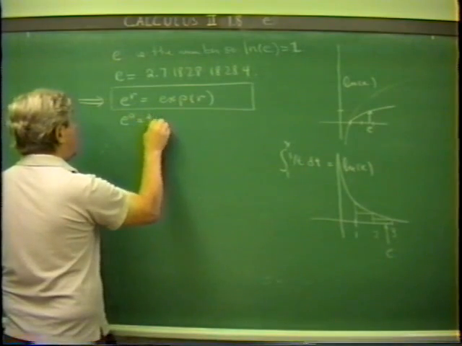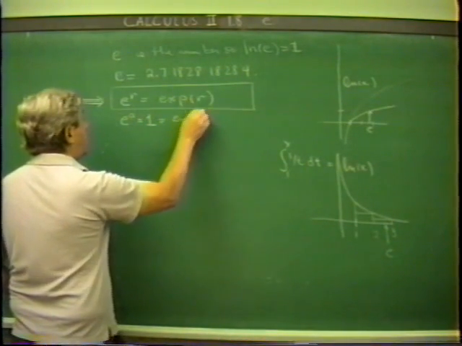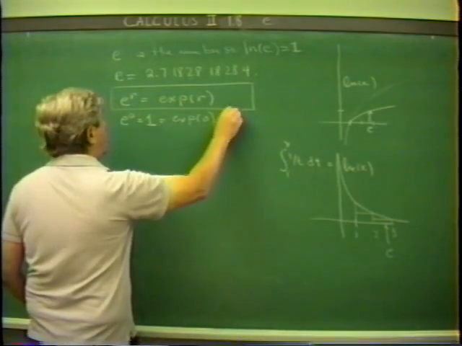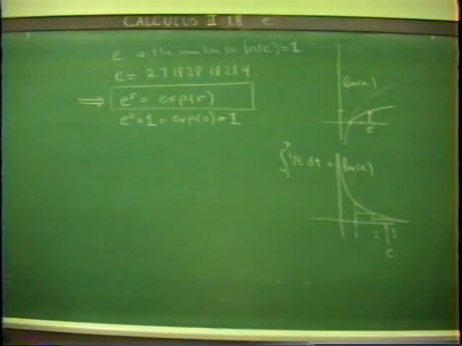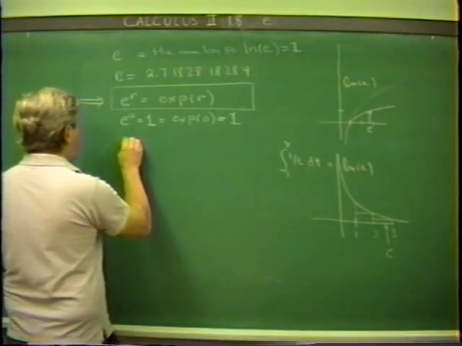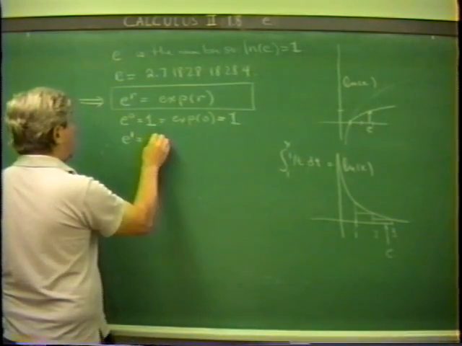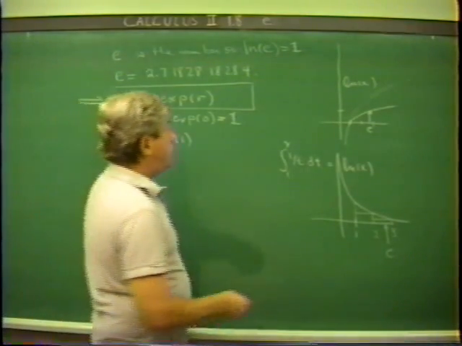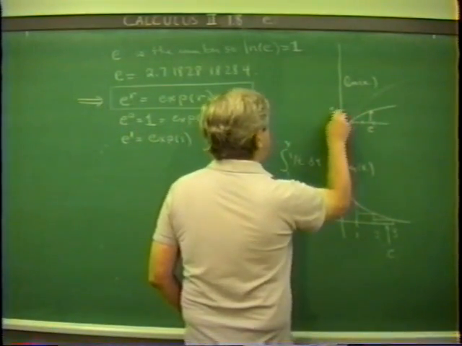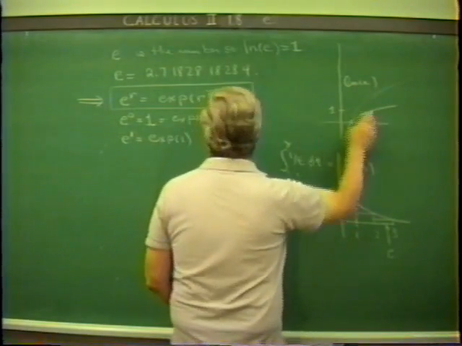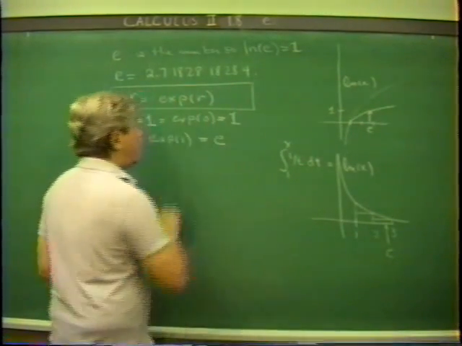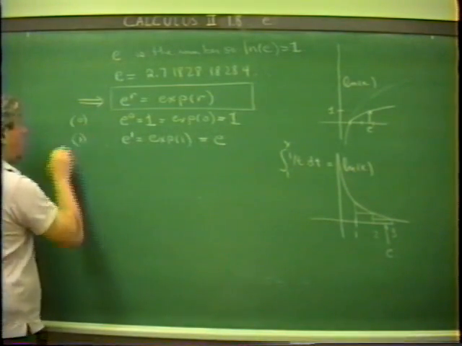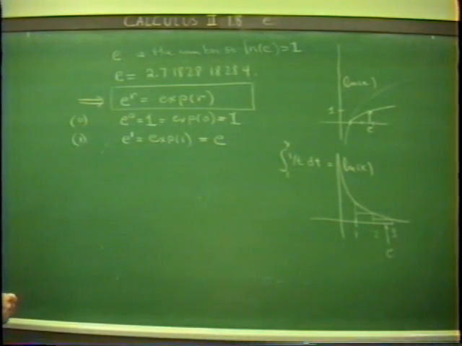So in particular here, e to the 0 is 1, and we know that exponent of 0 is 1. So e to the 0 is exponent of 0. Right? e to the 1 is exponent of 1. Now see, from the logarithm function here, the logarithm of e is 1, so the exponent of 1 is going to be equal to e. So we've got that this is true for 0 and 1.